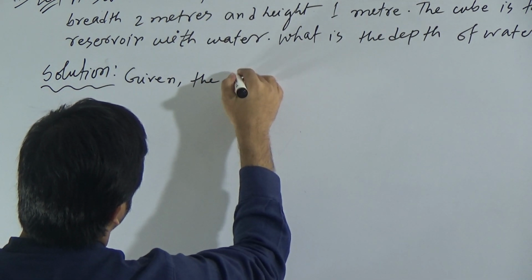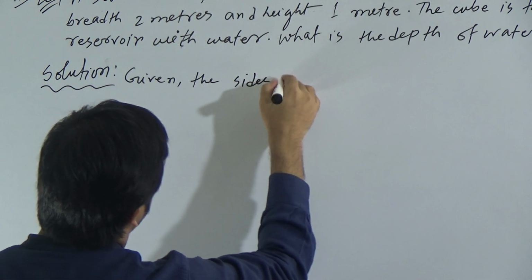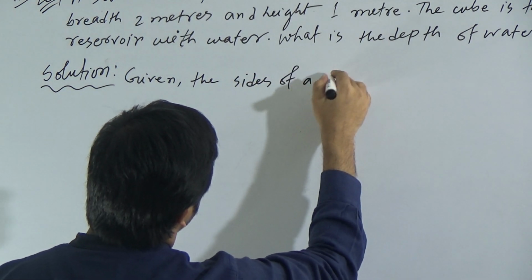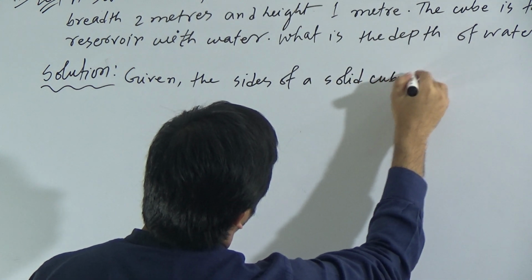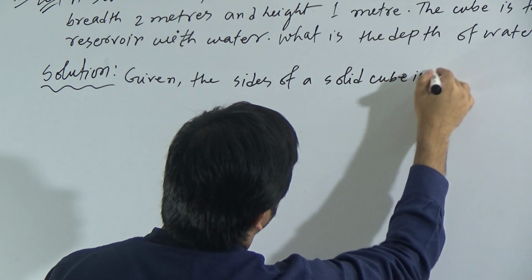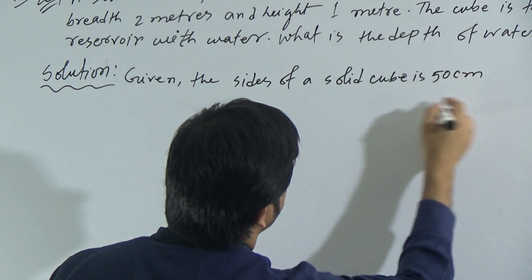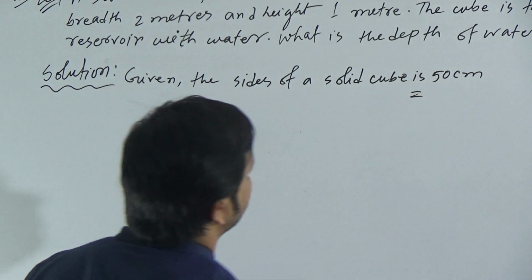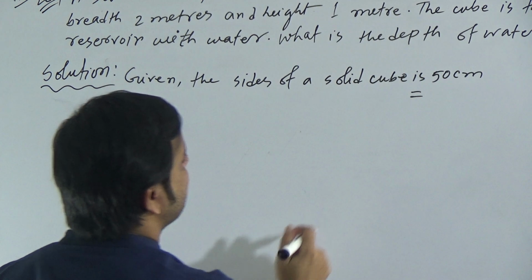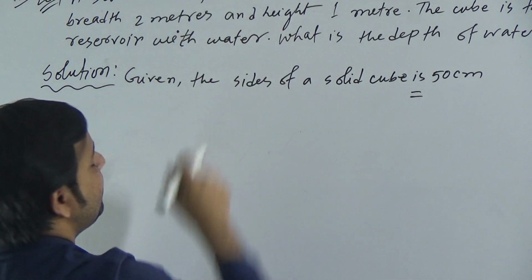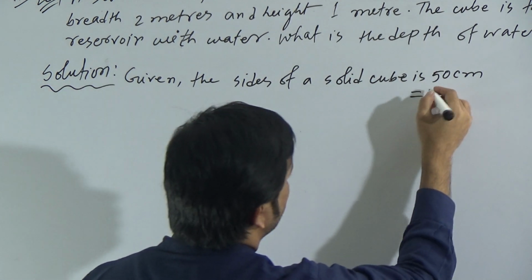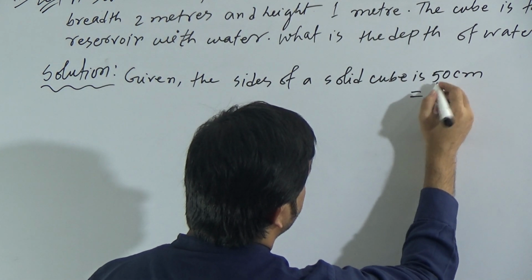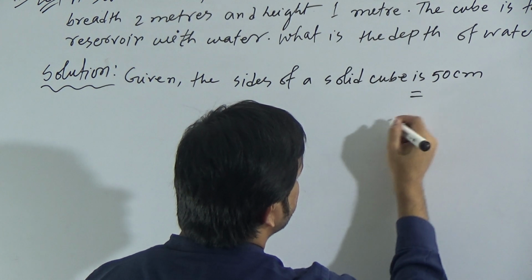The sides of a solid cube is 50 centimeter. If we convert this into meter, as the rest of the information is given in meter, we have to divide 50 by 100.